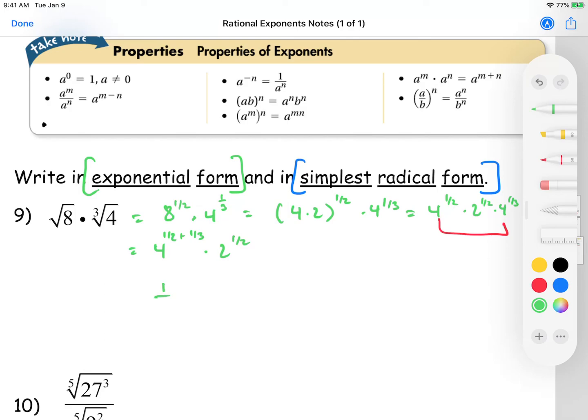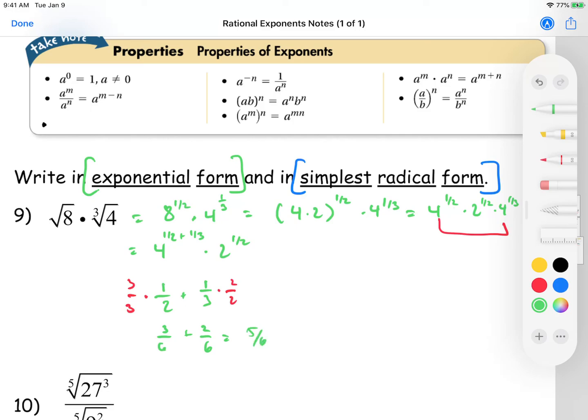Remember our fraction rules. We want to look for like denominators, which would be 6, right? So we multiply this by 3, we multiply this one by 2, and so what I'm left with is 3/6 plus 2/6, which should give me 5/6.